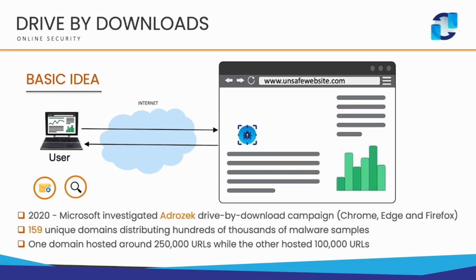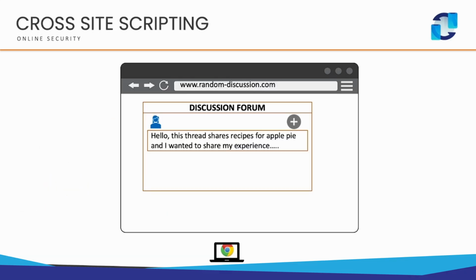Some would come up, go live, and then turn off within 24 hours. Others would stay there for months. So it was a very elaborate scam, and they were able to infect a lot of computers around the world. Okay, so this is just to give you an idea of the amount of drive-by downloads that's currently happening on the internet.